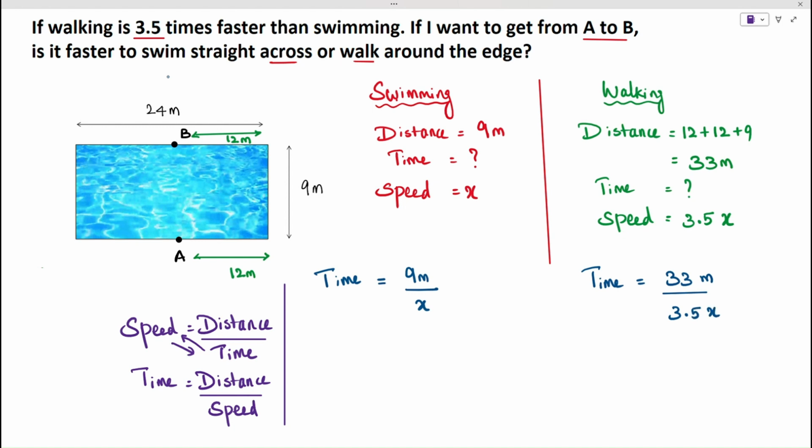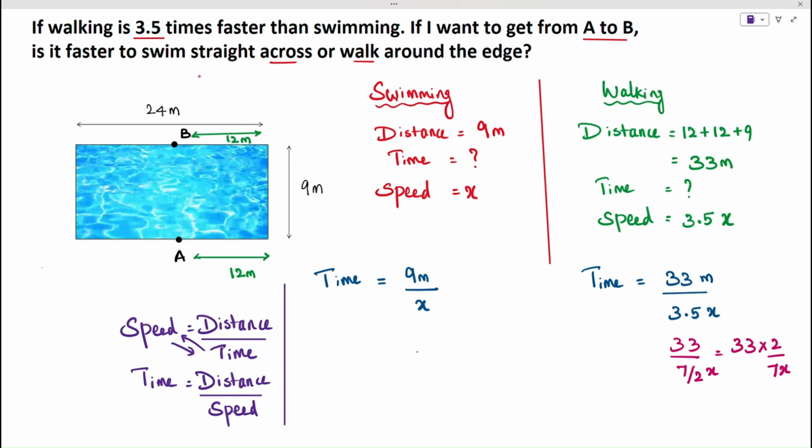Now we want to manipulate both of these fractions so that it's in easier terms for us to compare their sizes. So let's start off with our walking. So 3.5 can be written as 7 over 2. So we get 33 divided by 7 over 2x. This can be rearranged to get 33 times 2 over 7x.